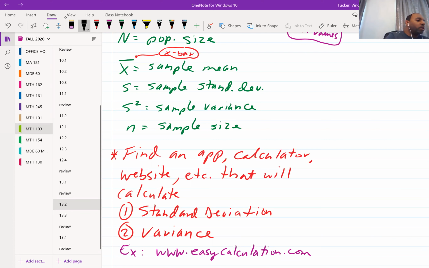The formula can be a little involved, especially when you go over 20 data values. Mess up one calculation, and you mess up the whole calculation process. But I'm not holding you to doing it by hand.